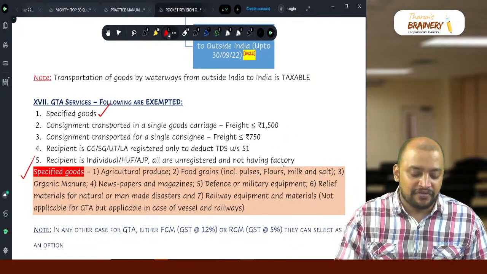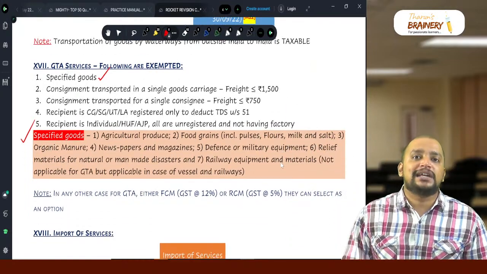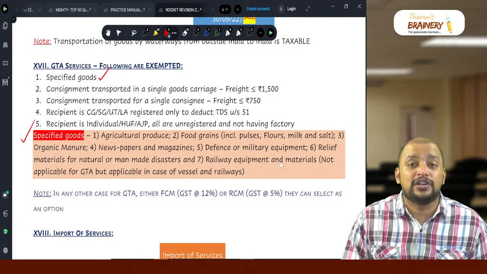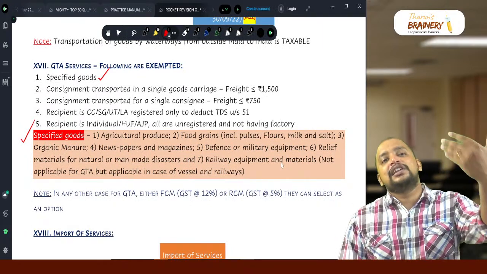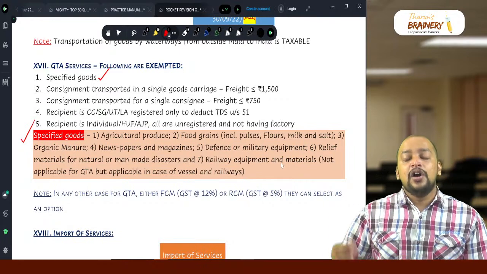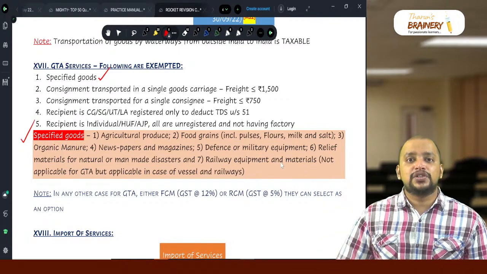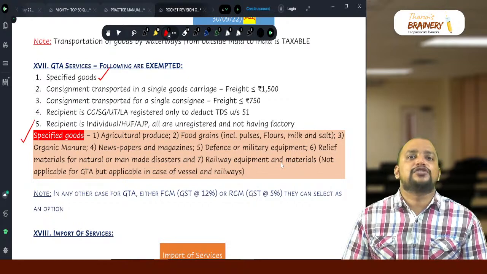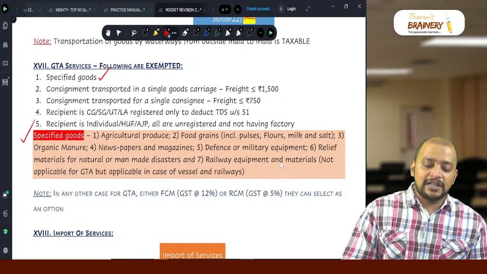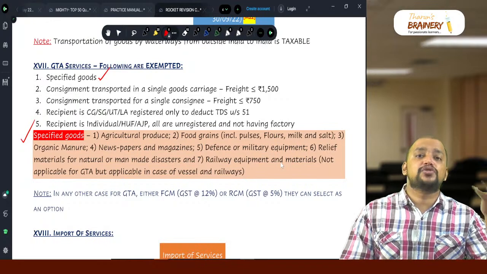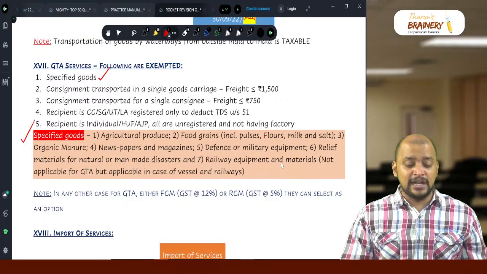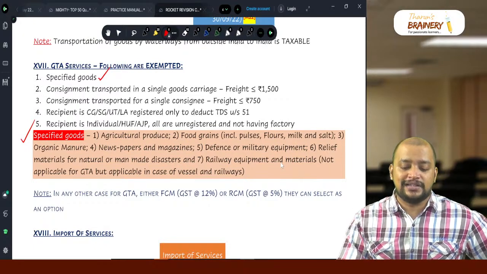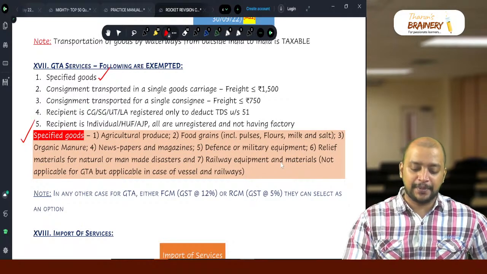Then suppose the recipient is central government, state government or local authority registered only to deduct TDS, then also that freight collected is exempted. Or if the recipient is an individual, HUF or AOP, all unregistered and not having a factory, then also it is exempted. Okay. So in the first case, fourth case and fifth case, don't look at the freight, it is always exempted. In the other cases only you need to see whether freight does not exceed 1500 or 750.